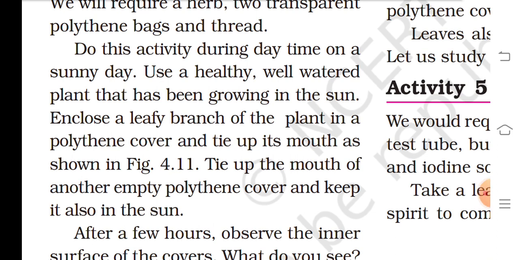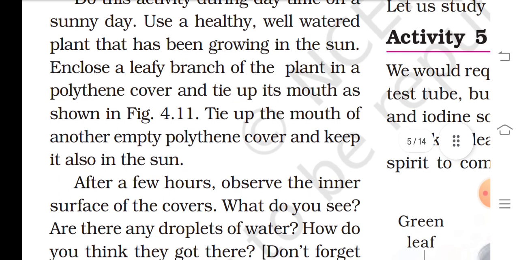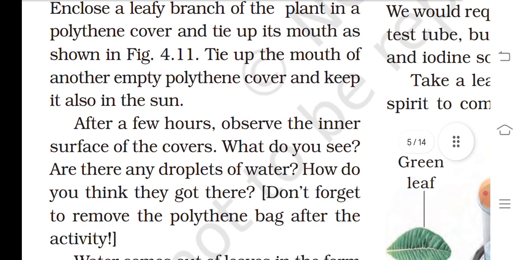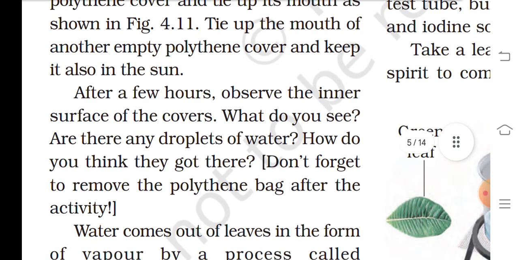Use a healthy, well watered plant that has been growing in the sun. Enclose a leafy branch of the plant in a polythene cover and tie up its mouth as shown in figure 4.11. Tie up the mouth of another empty polythene cover and keep it also in the sun.